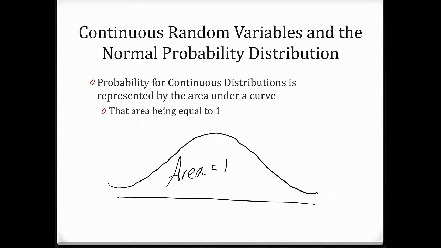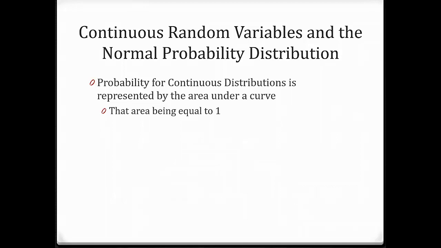Now, if you stick with me, you're going to figure out how to use z-scores to get areas and probabilities from that. Now, I use the words area and probability.